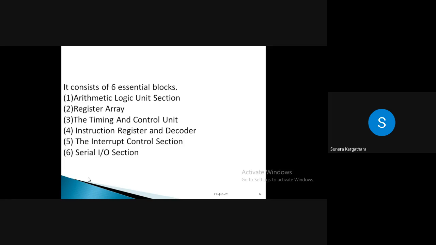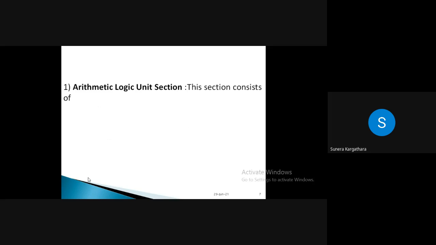If you are able to understand the functions of these 6 essential blocks, you can easily identify the whole internal architecture, right? ALU, register array, timing and control unit, instruction register and decoder, interrupt control, and finally serial IO sections, right? So now one by one we are taking the sections.